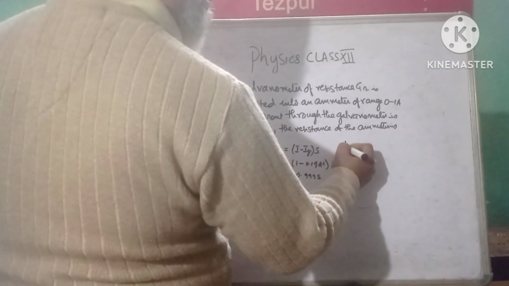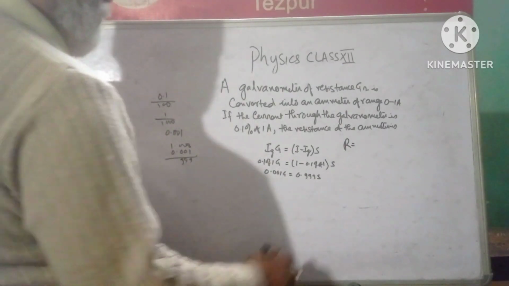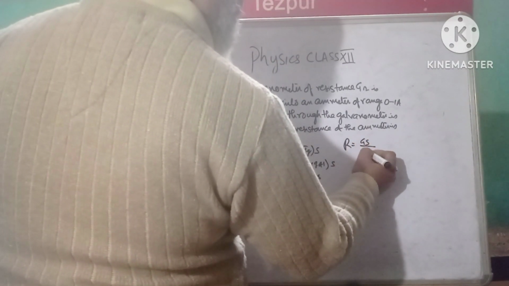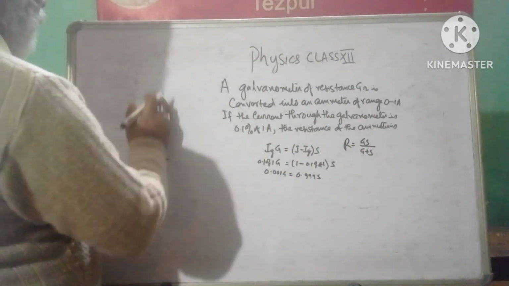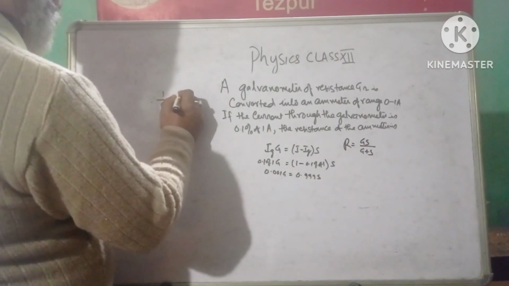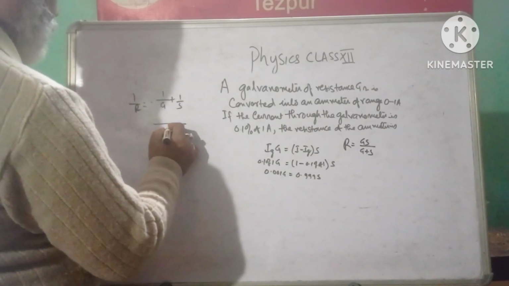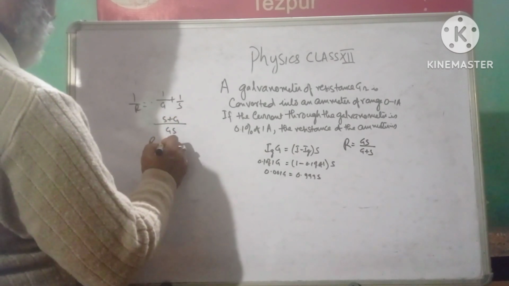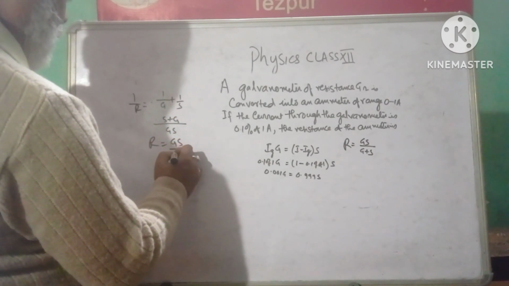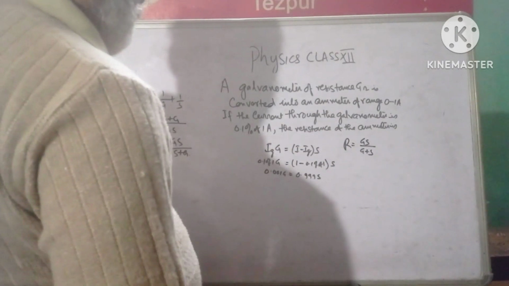So since it is parallel, the resistance of the ammeter will be Gs by G plus S, because 1 by G plus 1 by S is 1 by R. So R will be Gs by S plus G. You know this. So this will be the resistance of the ammeter.